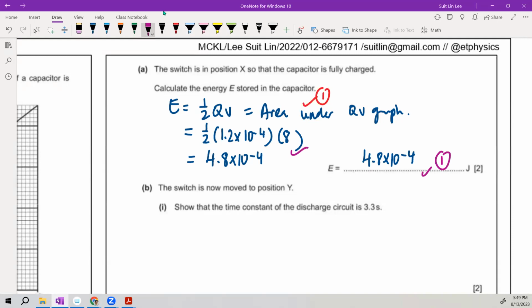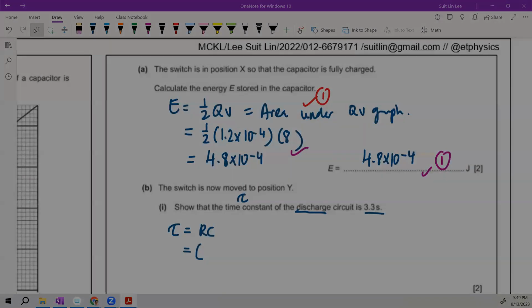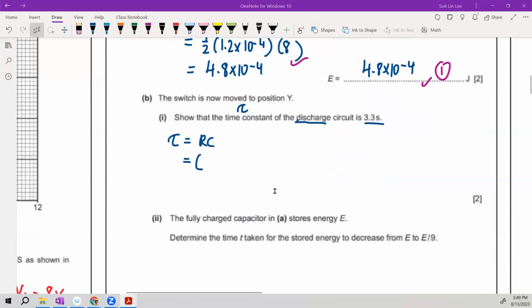Okay, switch is now moved to position Y. Show that the time constant for the discharge circuit is 3.3 seconds. Tau is equal to RC. So in the discharge circuit, let me look at my circuit.